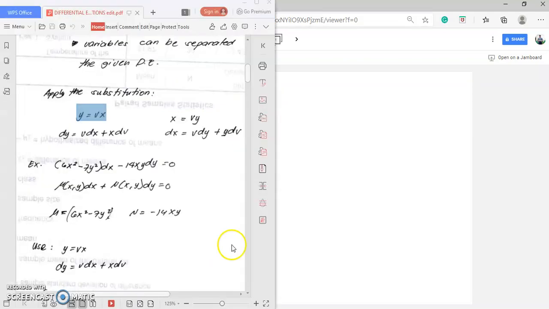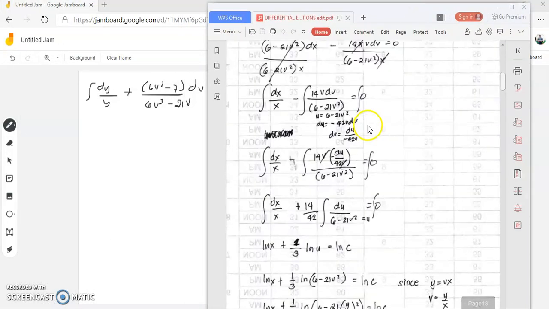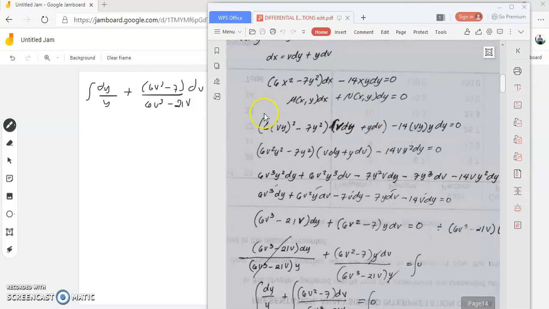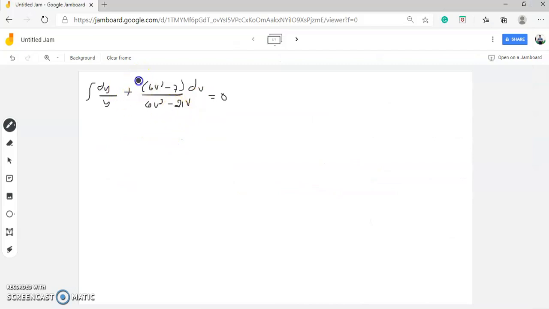Let me check with our solution here. So we end up with 6v squared dv. Okay, that is correct. So from here, we'll now integrate this one.